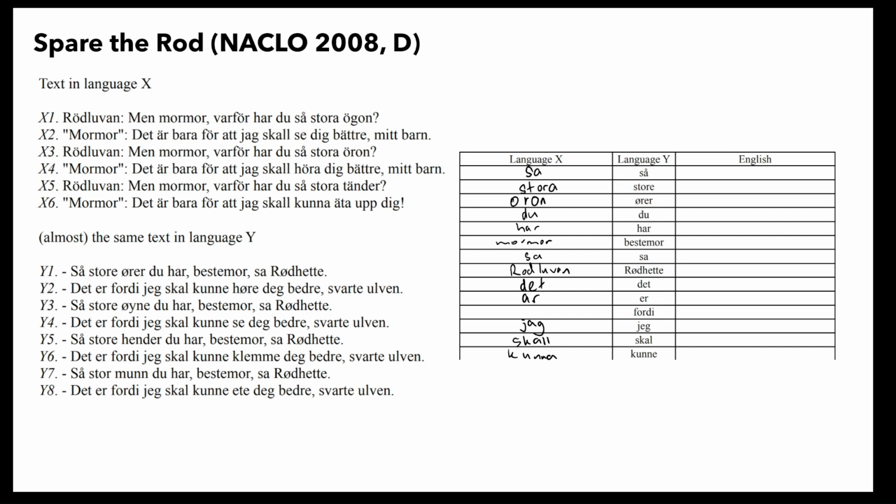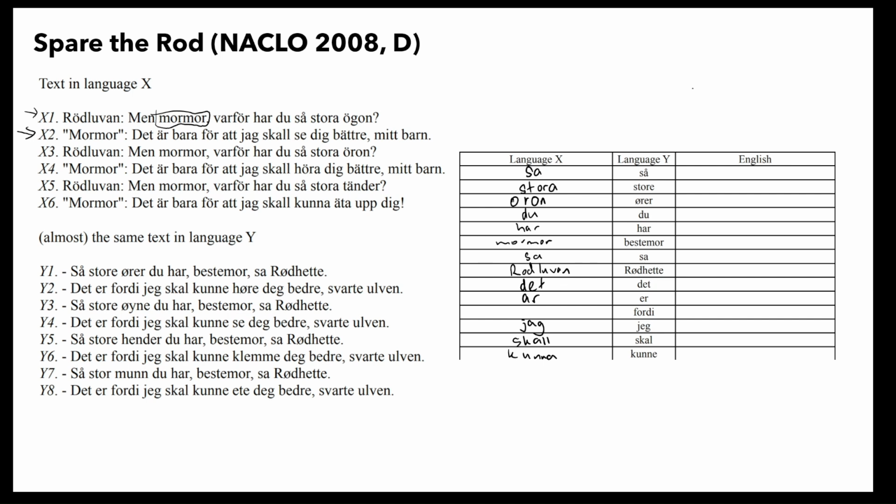Alright, so I've transferred everything over here, and let's just take a look at the structure of the text in general, as I was mentioning before. We've got Rod Luvan and supposedly more talking to each other. And the structure of the text is as follows. Rod Luvan asks more something, and more responds, right?